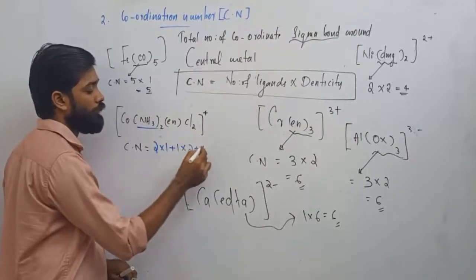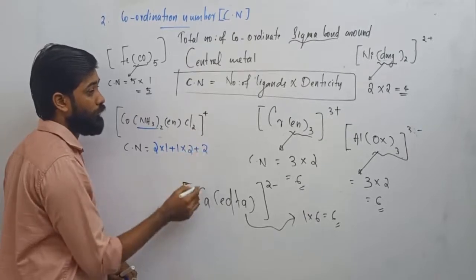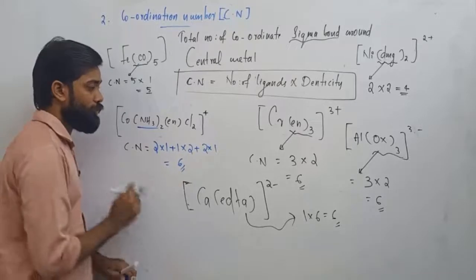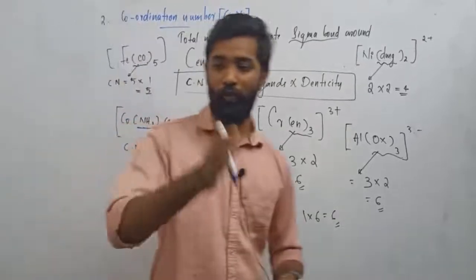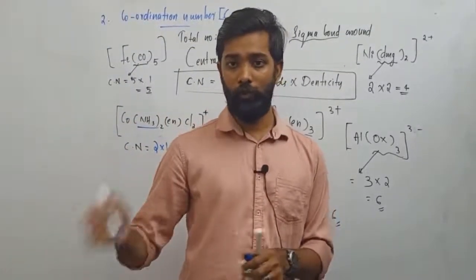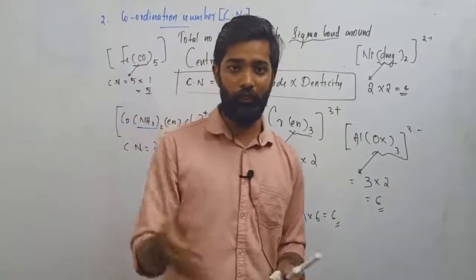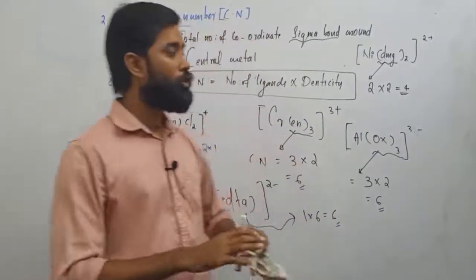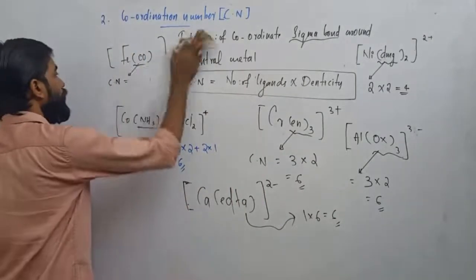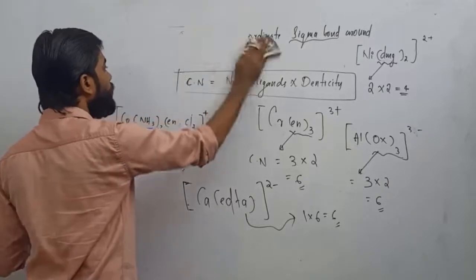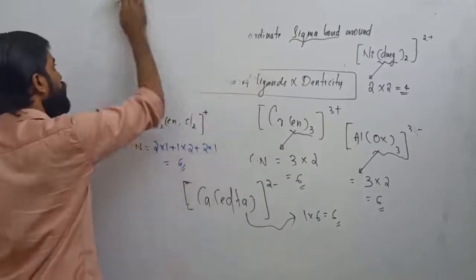Next, chlorido, 2 but the denticity is 1, so the total answer is 6. So if you have a heteroleptic complex, you find the coordination number by splitting it, and finally you add all the categories, so you obtain the number of coordinate bonds. So the total number of coordinate bonds around the central atom is said to be the coordination number, okay.